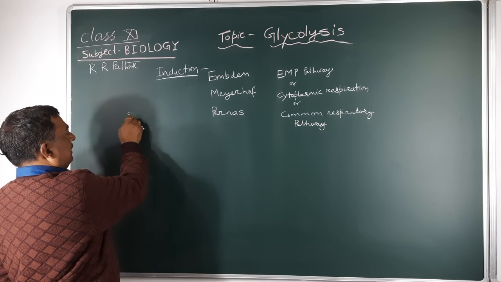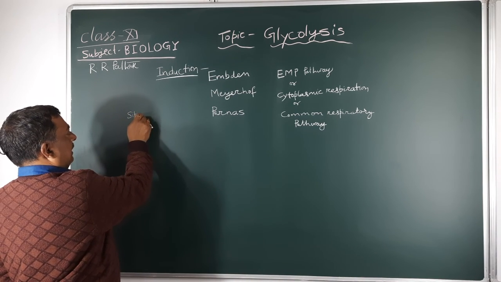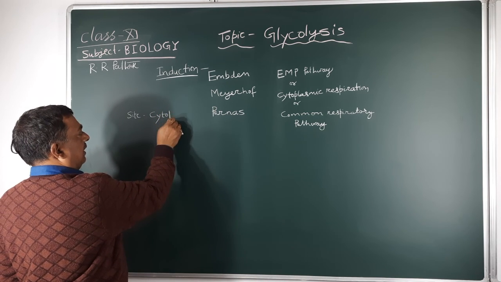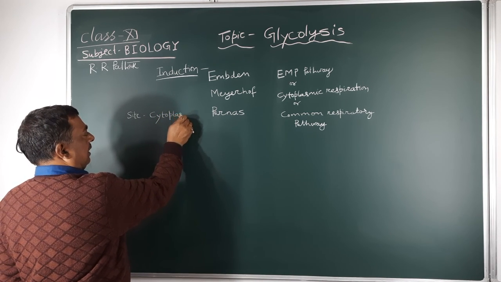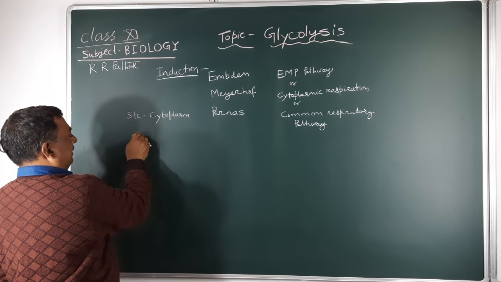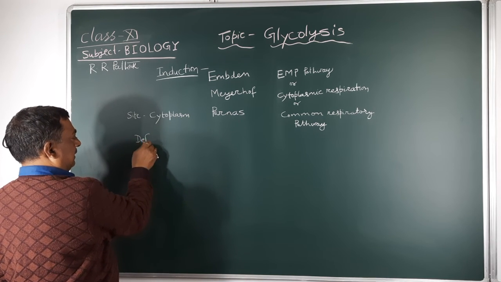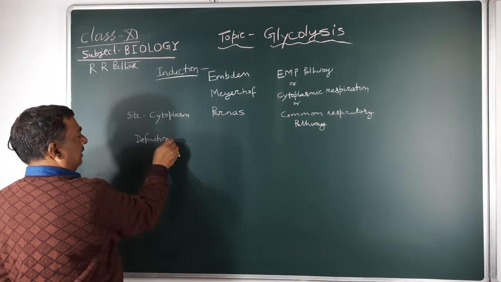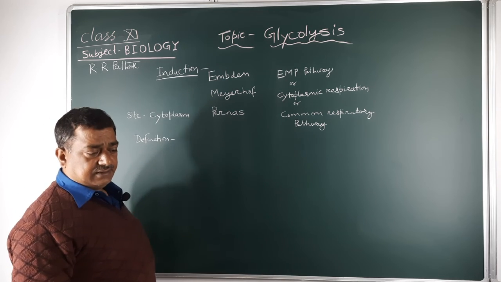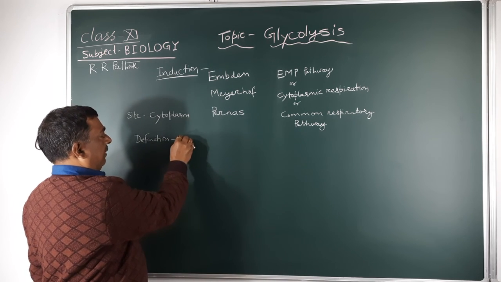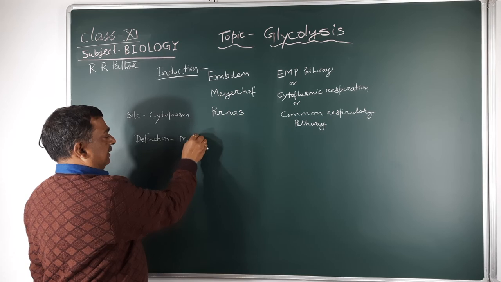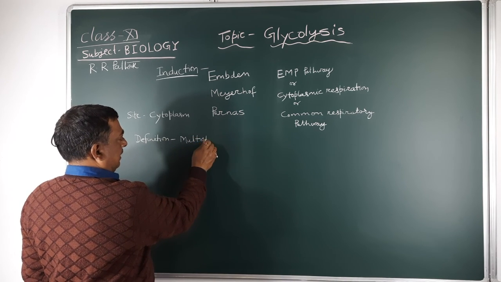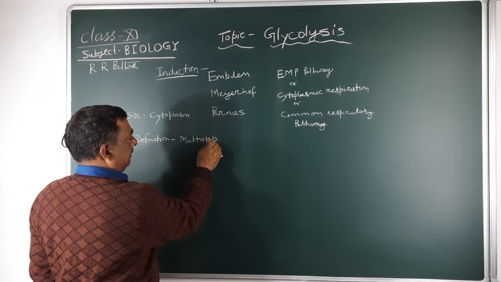What is the site of the glycolysis? It takes place in the cytoplasm of the cell. What is the definition of glycolysis? It is a multi-step process that takes place inside the cytoplasm in presence of enzymes.